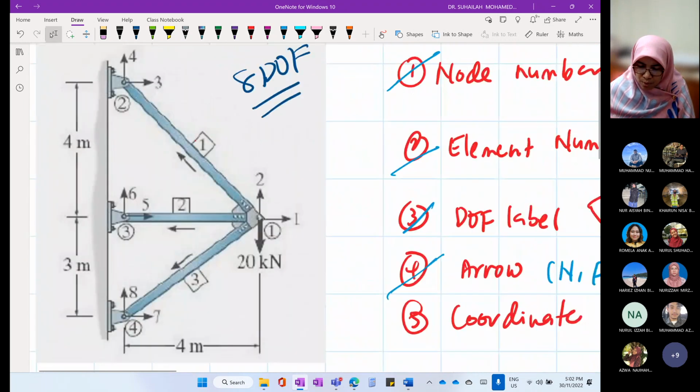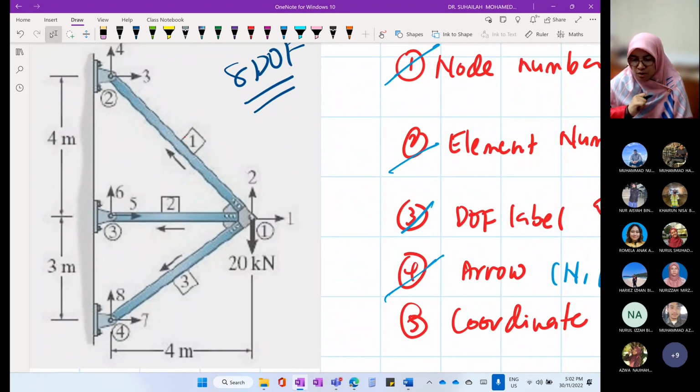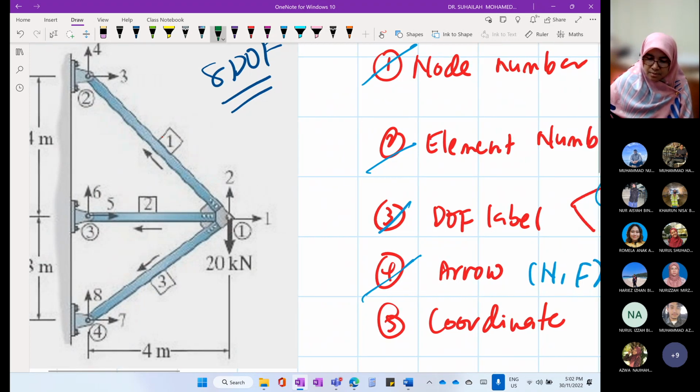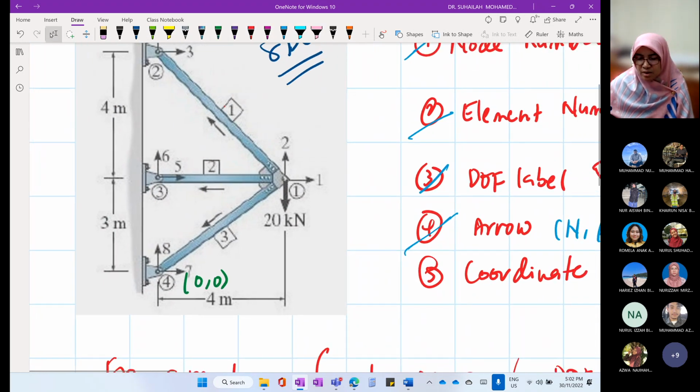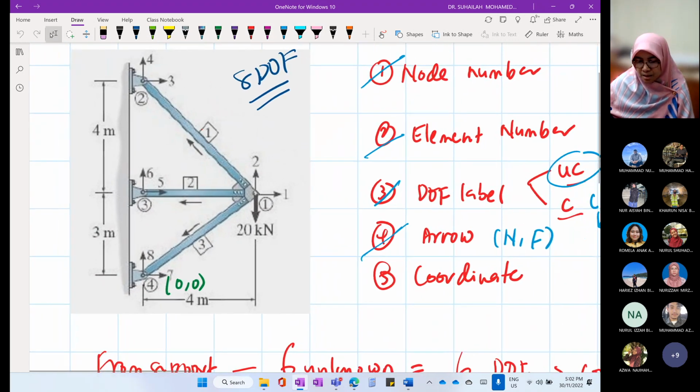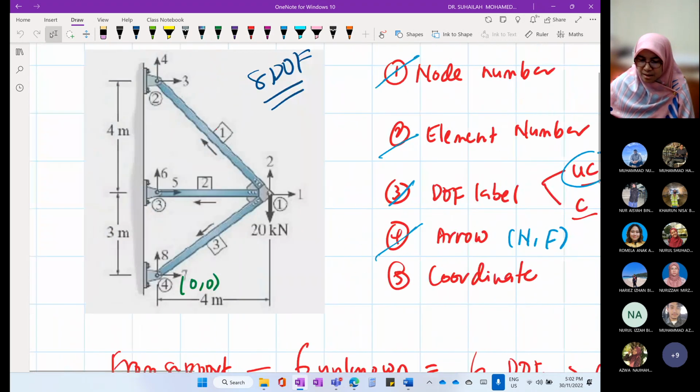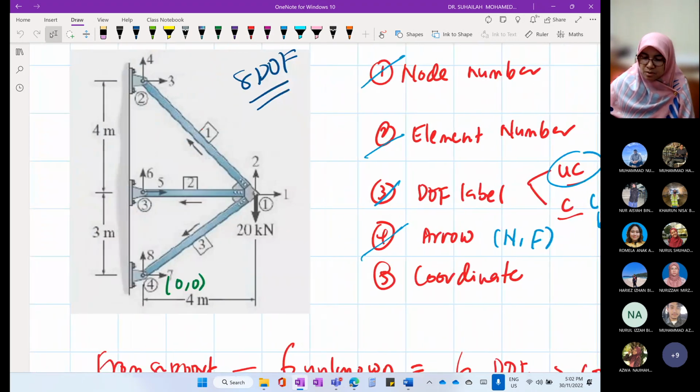When we want to put coordinates, we have to choose one node as the origin. Let's say node 4 is the origin. Based on this origin, we will label the others. Node number 1 will be 4, 3.